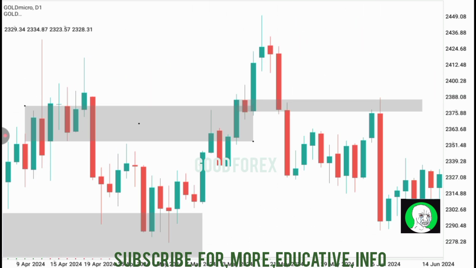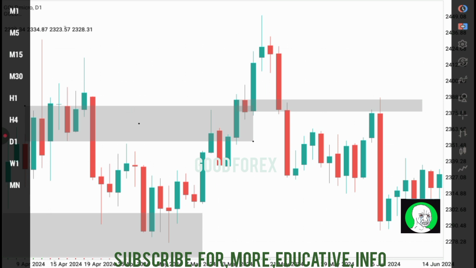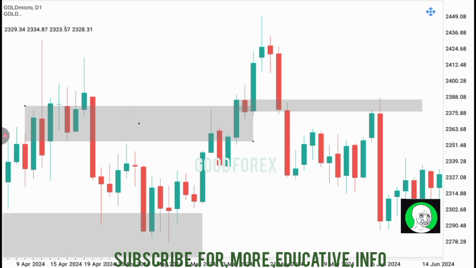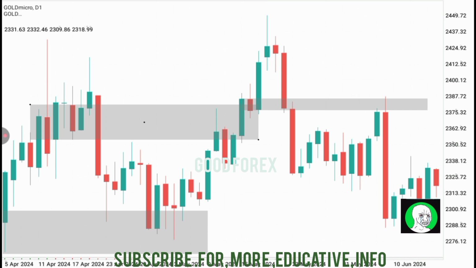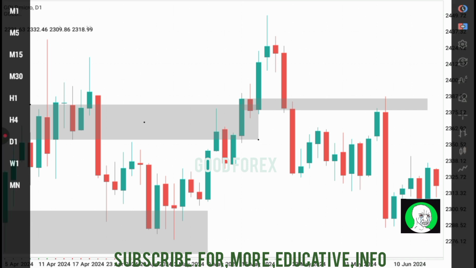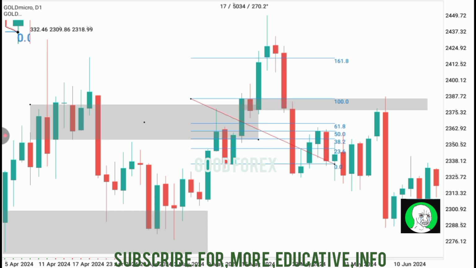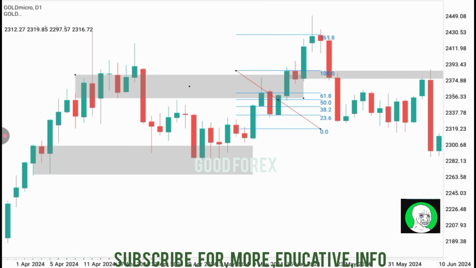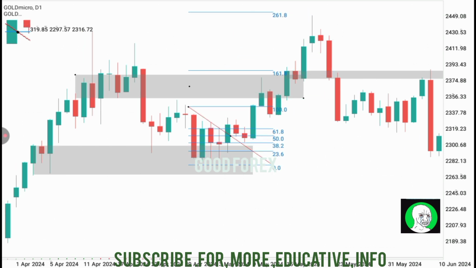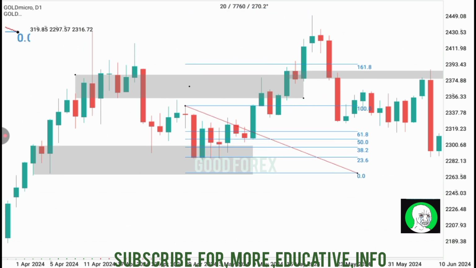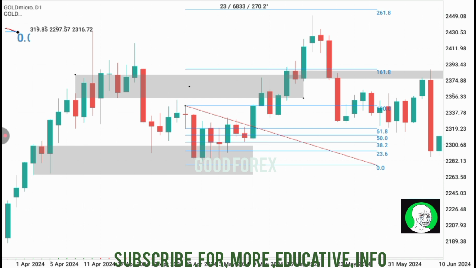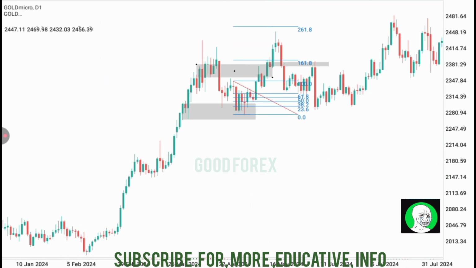Our Fibonacci is going to show us exactly that price is going to stop at this level. Let me apply it for you. I want you guys to see.